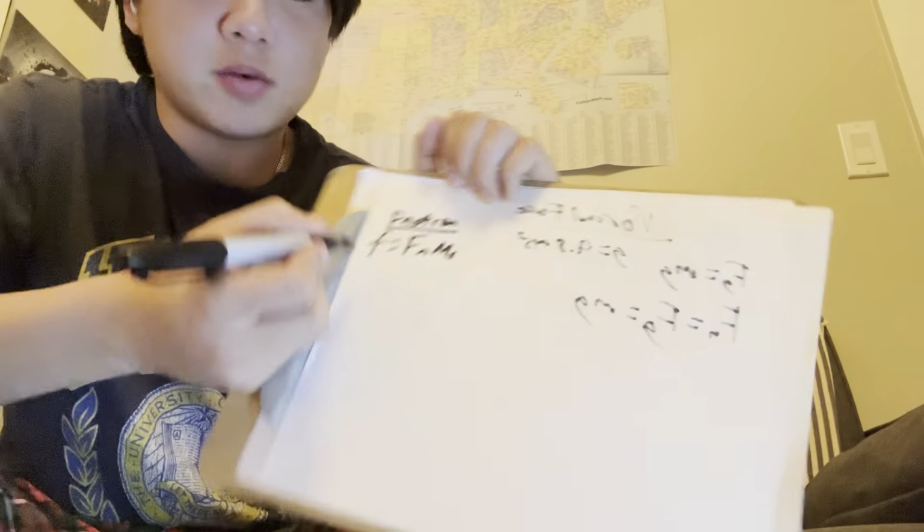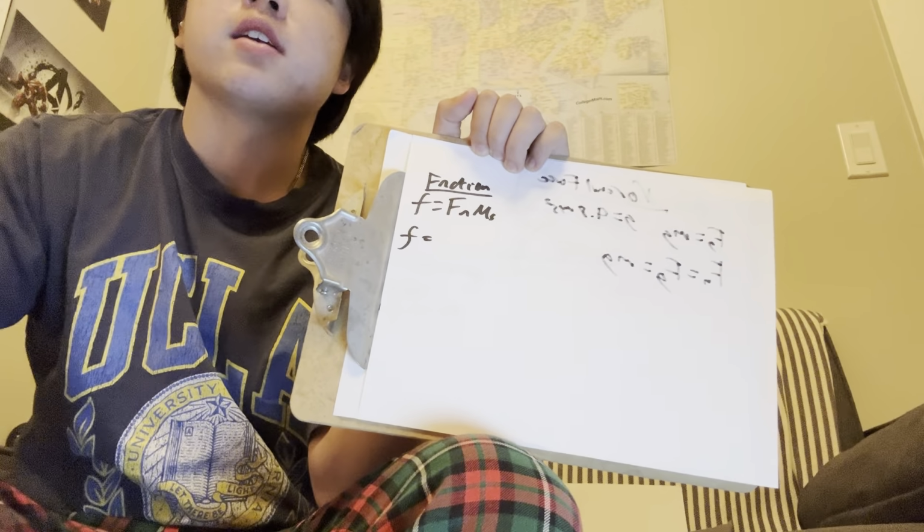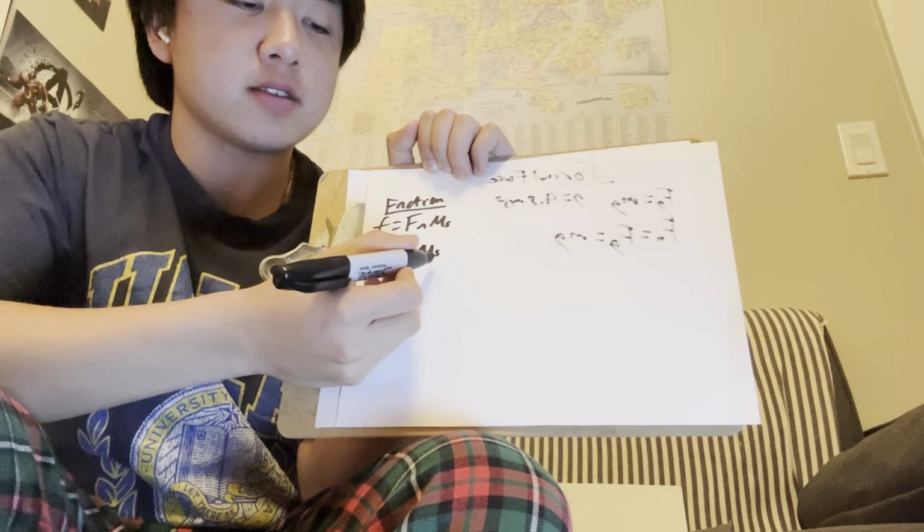But we can also say that, because we know that normal force is equal to mg, friction is equal to mg times the coefficient of static friction, denoted by this mu s here.